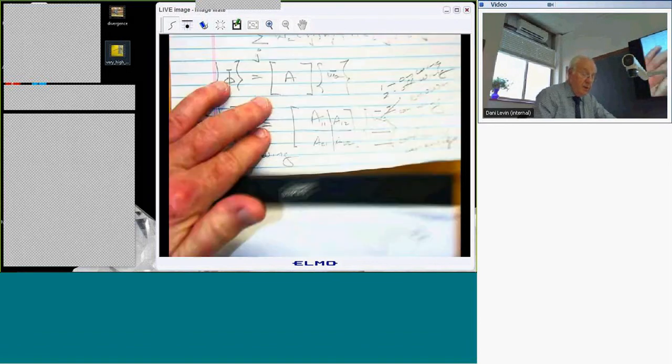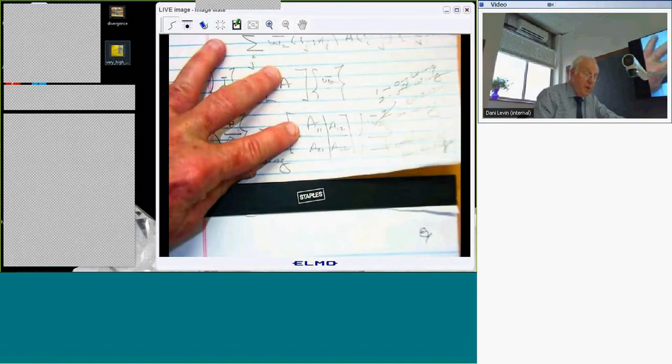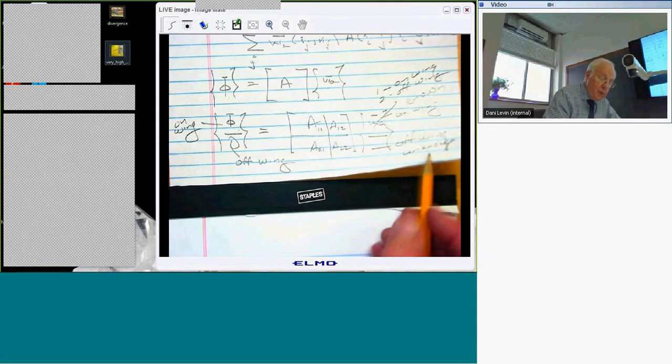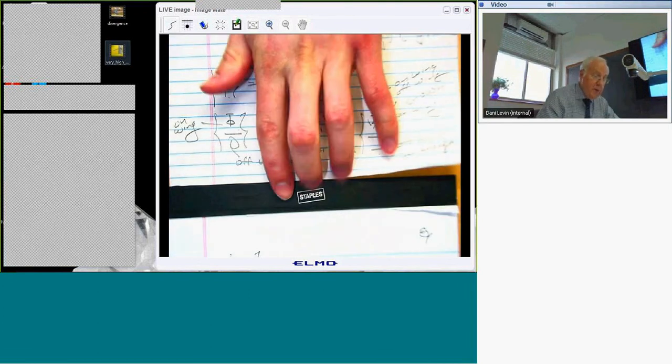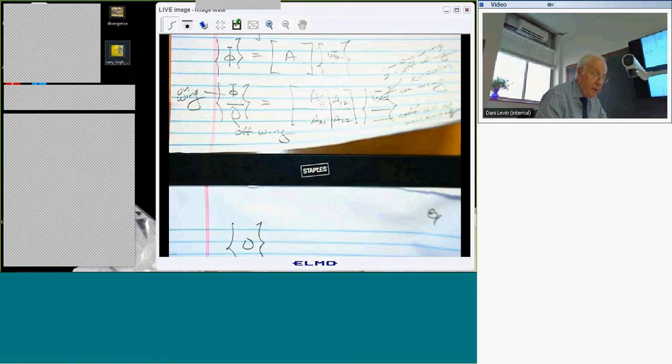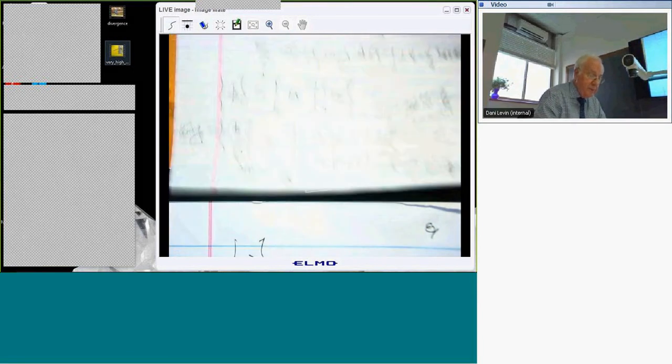I'm going to solve the last equations for this off the wing. What do I know? Darn, that's not working out. Well, let me write it again.